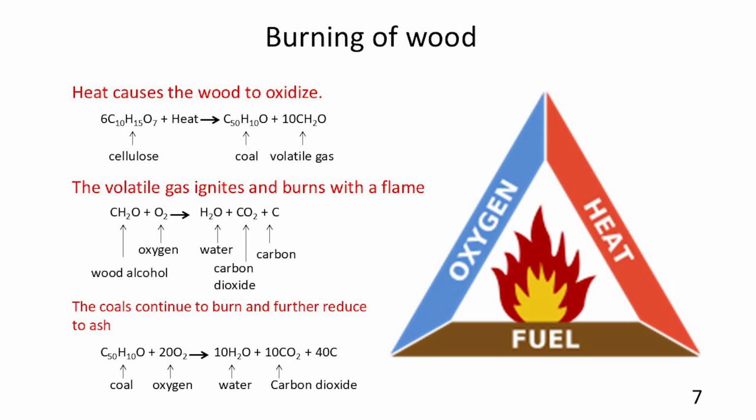And essentially, in this case, it's wood alcohol. And that wood alcohol catches flame. The wood alcohol is what's causing the flame. And when the volatile gases are gone from the wood, there's no longer flame, and we only have coal.